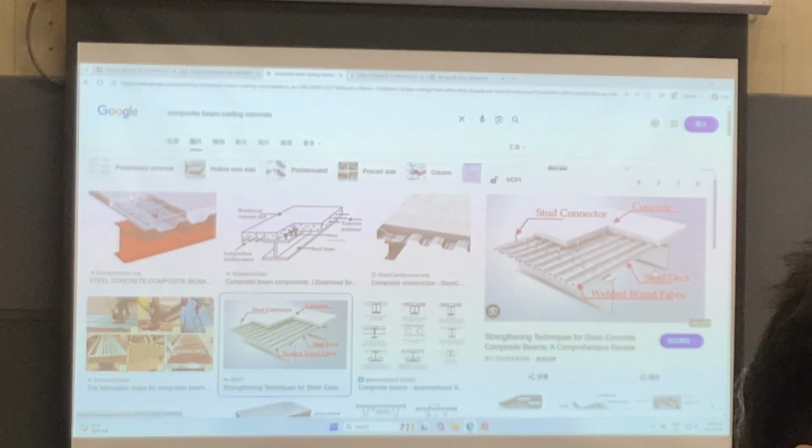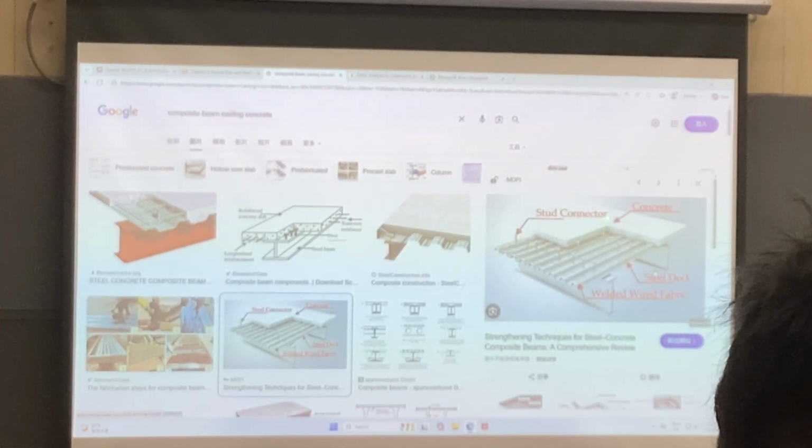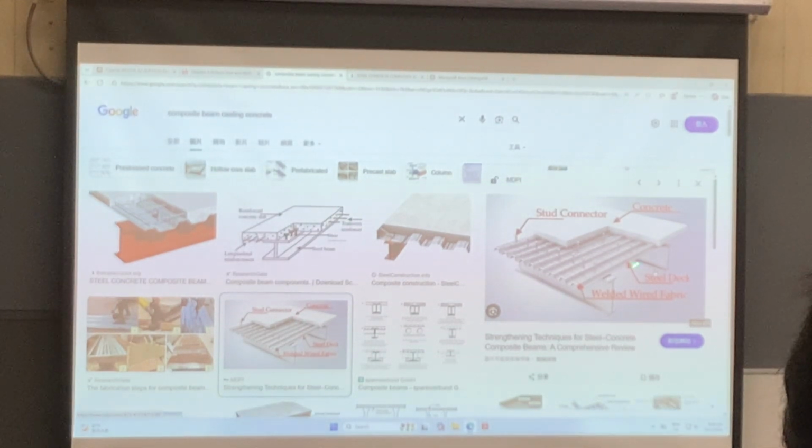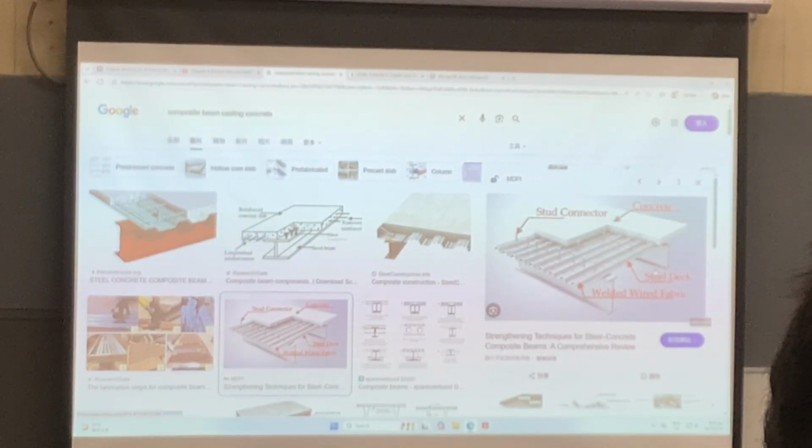So you can see that here is the decking placed between the steel beams, and you will cast concrete directly on top of the decking. And this will act as the temporary support. The workers can walk on that and then cast concrete on top. And then this decking will not be removed, and it will stick with the concrete together as part of the reinforcement.